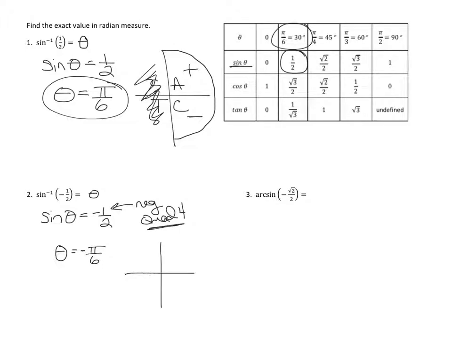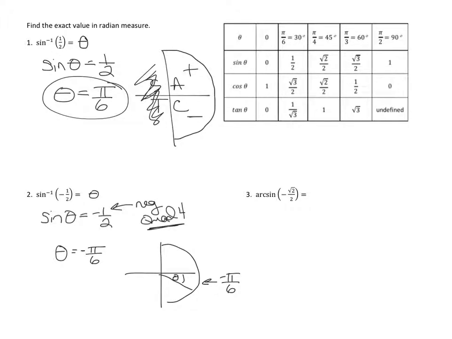Now think about it. For quadrant 4, if we have this angle right here, we're used to writing it as 11 pi over 6, but since we're restricting simply between negative pi over 2 and positive pi over 2, we'll write that as negative pi over 6. That's my answer.